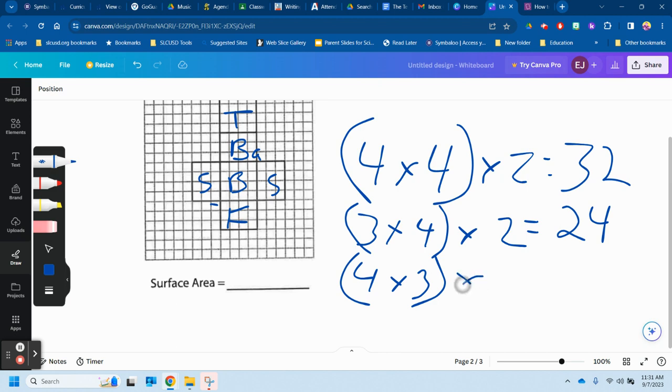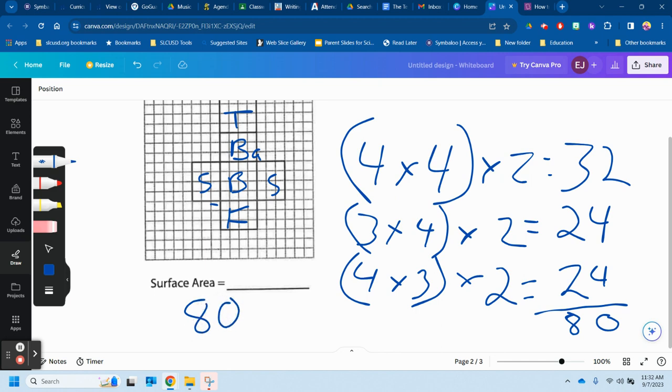So I'm just going to double the front, and I also get 24. So for this one, when I add them all up, I should get 80 square feet. So the surface area is 80 feet squared.